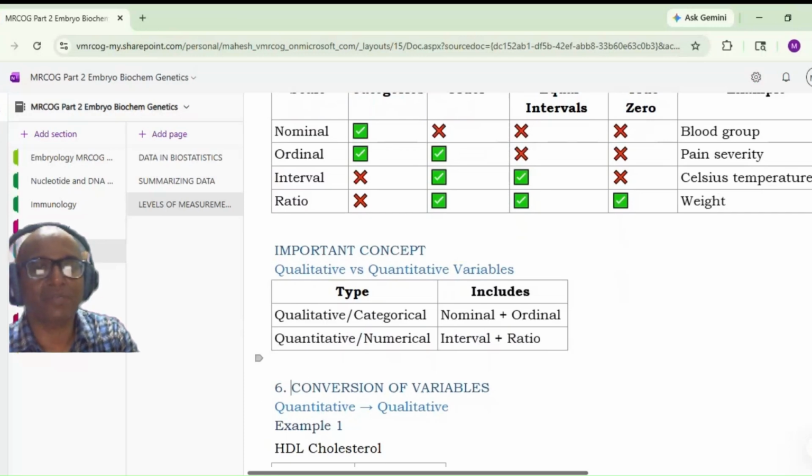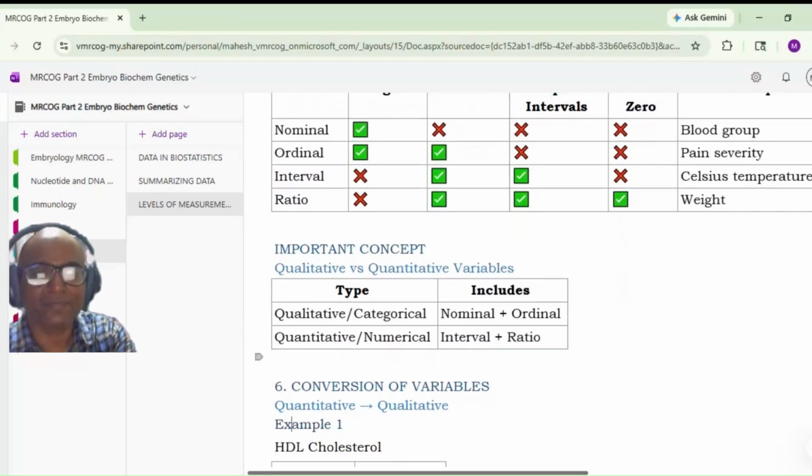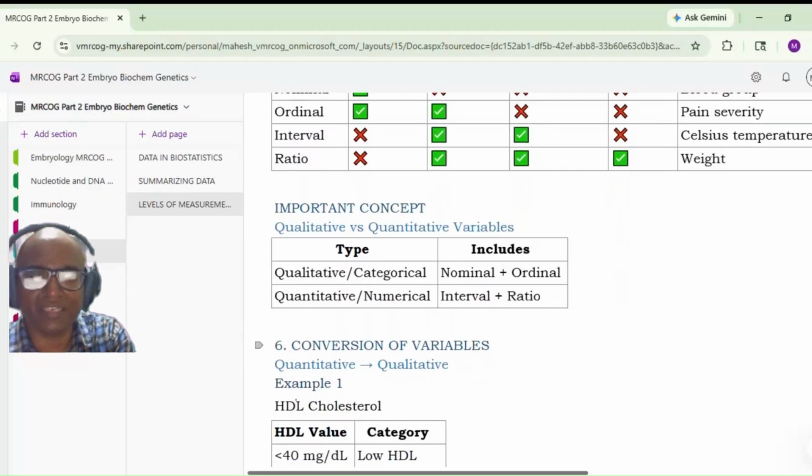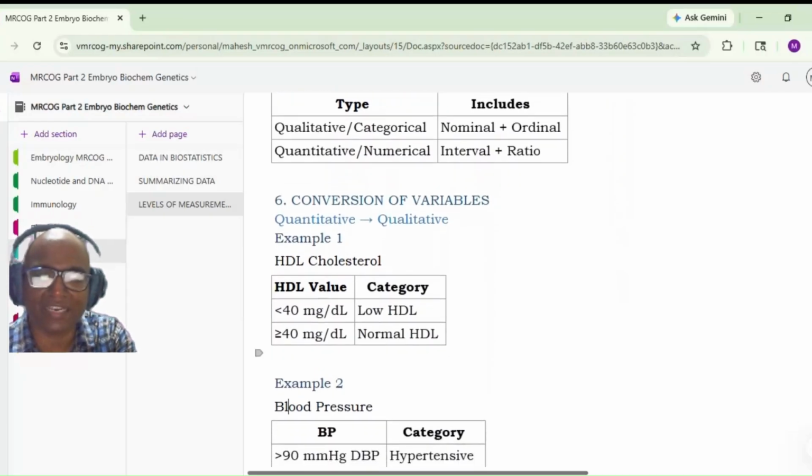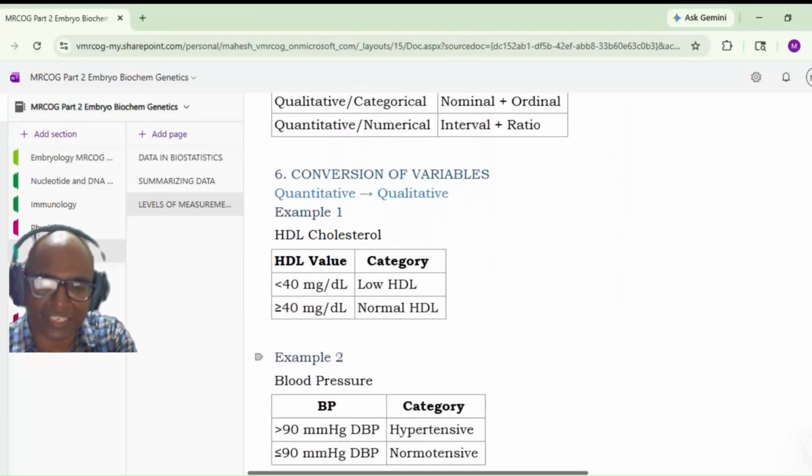Now coming to the conversion of variable. Sometimes a quantitative variable can be converted into a qualitative variable. For example, HDL cholesterol less than 40 milligram, you may categorize as low HDL, and more than or equal to 40 milligram, you may categorize as normal HDL. So low HDL becomes one category, this becomes another category. So your quantitative variable has now become a qualitative variable.